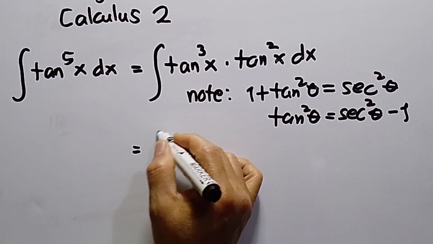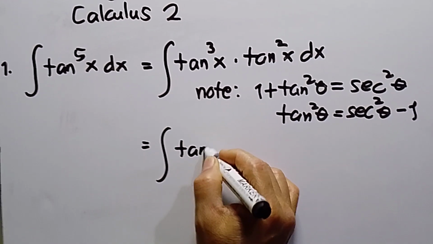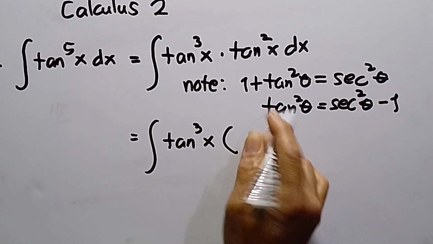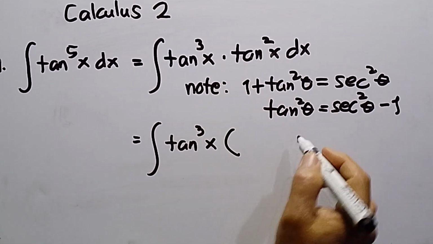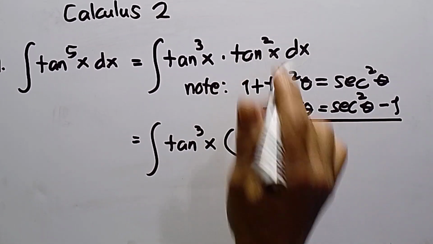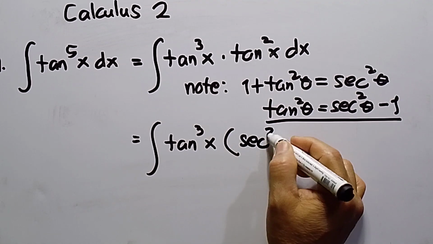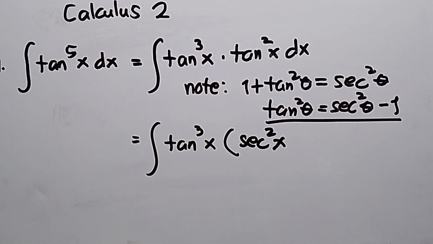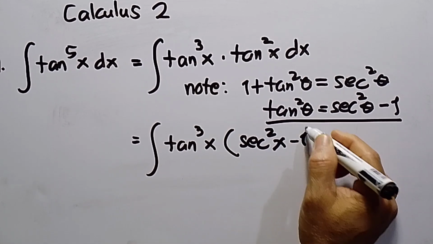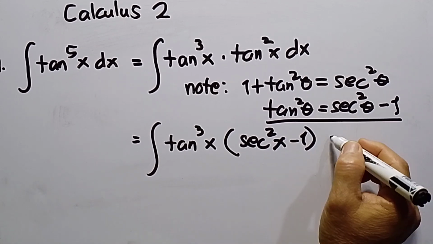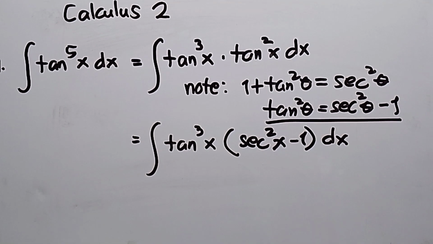So this will be integral of tangent cubed x, and the value of tangent squared theta is this one. So this will be secant squared x minus 1 dx.